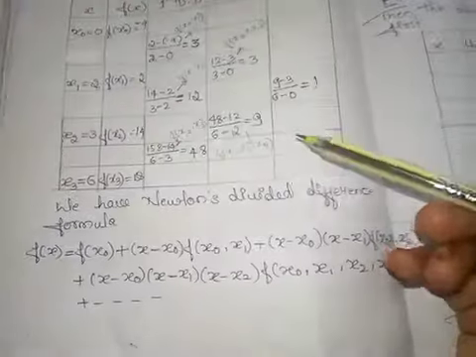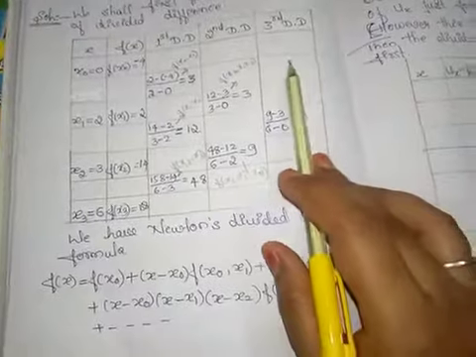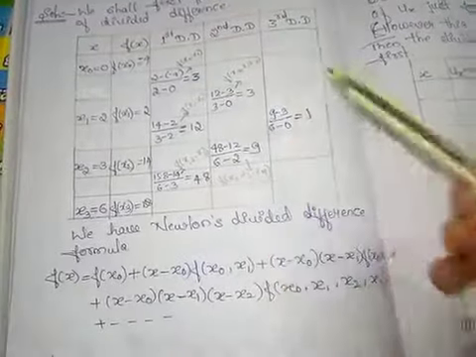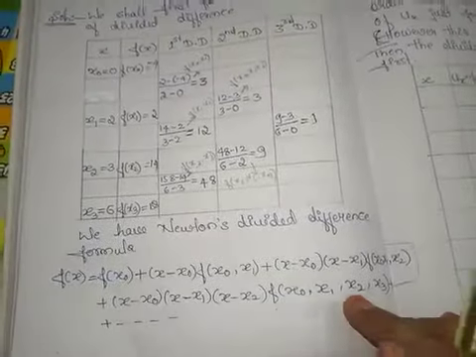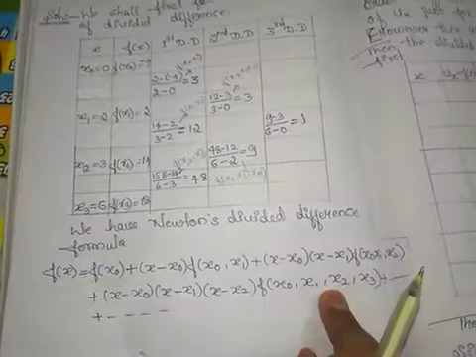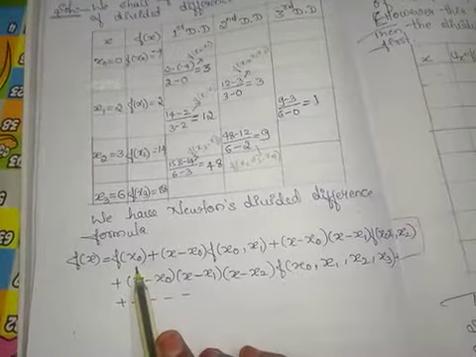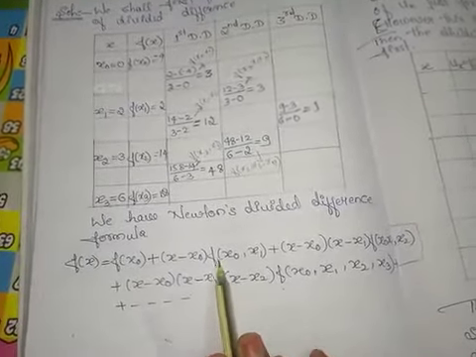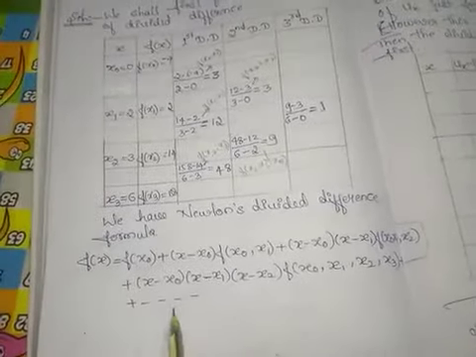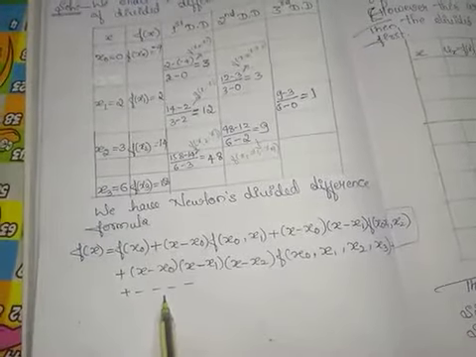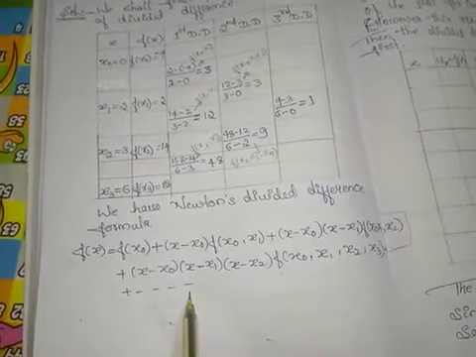In the difference table we have the terms up to the third divided difference, so in the general formula you must write at least three divided difference values. Okay, this is f of x0, and the first divided difference, second divided difference, and this is for the third divided difference, plus sign, and so on.